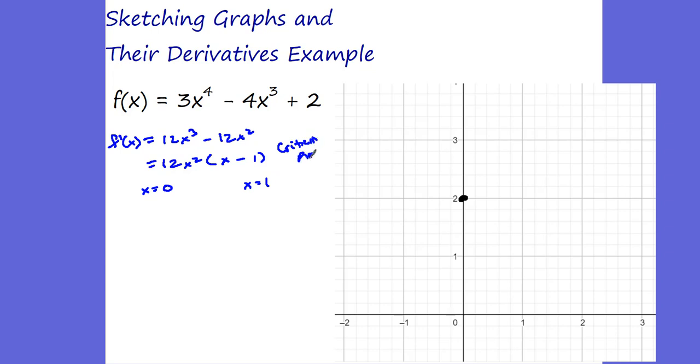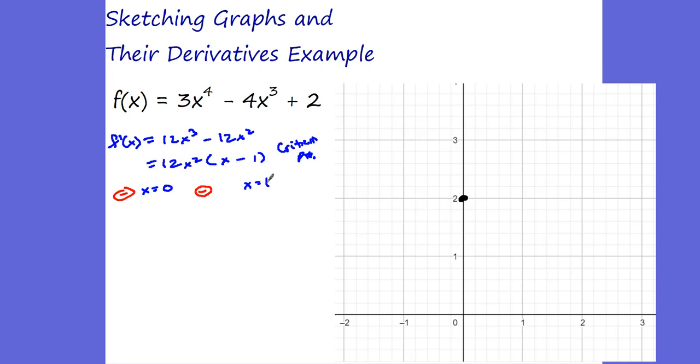Okay, critical points. I'm going to plug in some numbers inside this function. So let's plug a negative number in. If I plug a negative number in, that's going to be squared, and that's going to give me a negative value. I'm going to plug in like 1/2. If I plug in 1/2, I'm going to get 1/2 squared, that's going to be a fraction, and I'm still going to get a negative number.